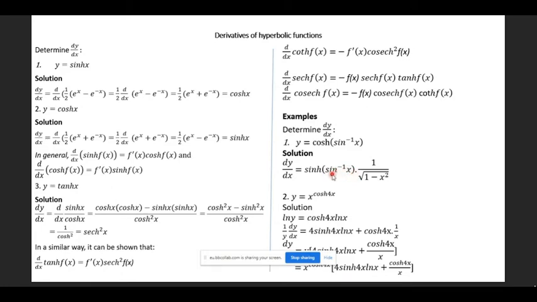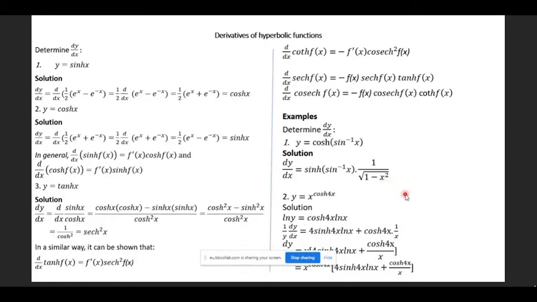But then you multiply by the derivative of what is inside here. And the derivative of arc sine is 1 over the square root of 1 minus x squared. That is the section that we were dealing with last.